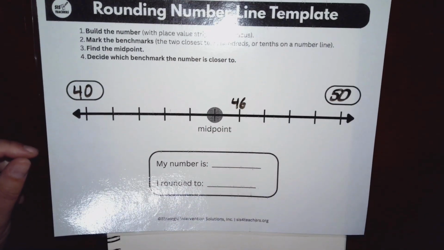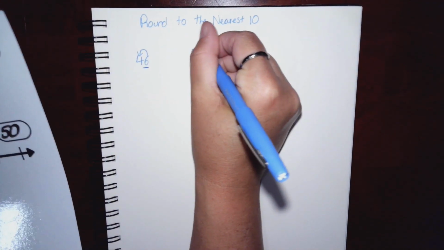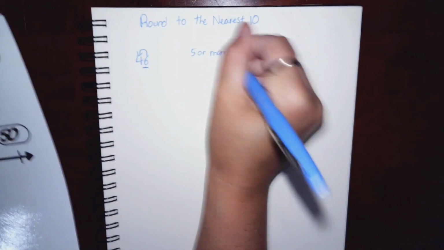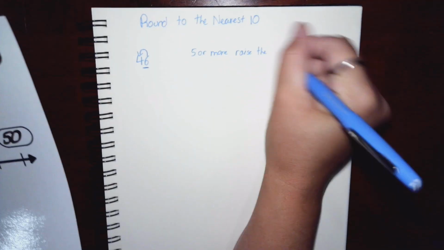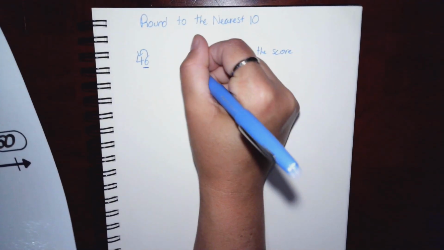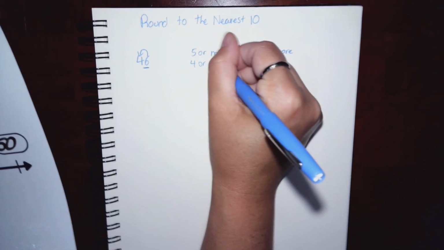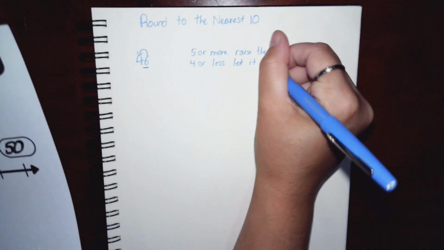And when you're rounding numbers, you do 5 or more, raise the score, four or less, let it rest.